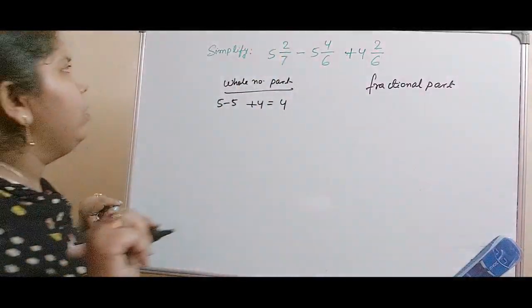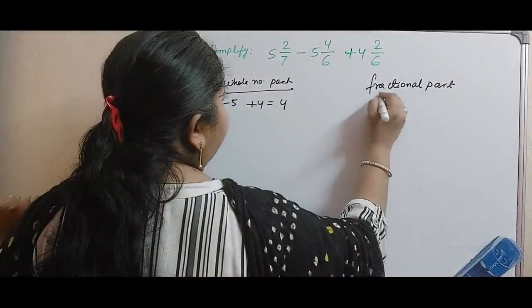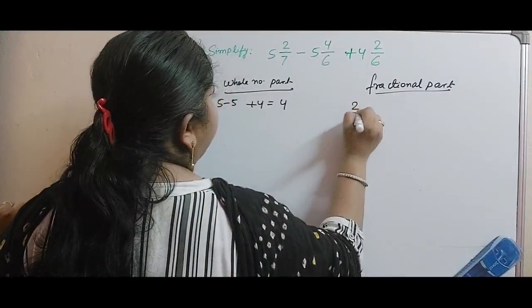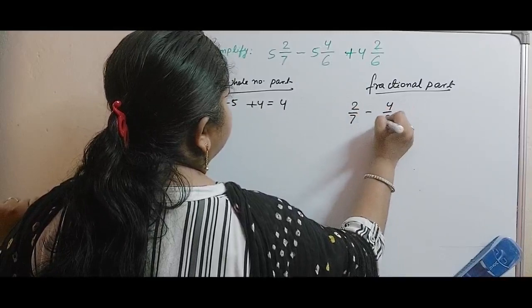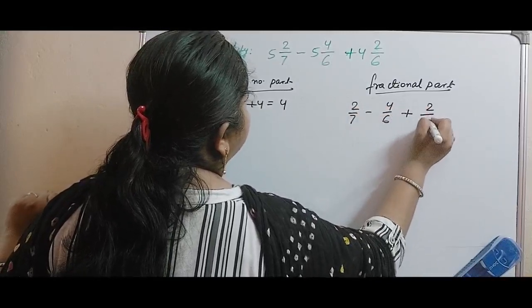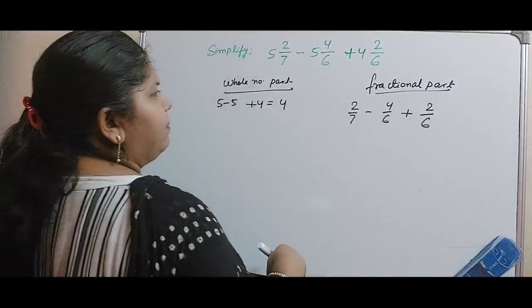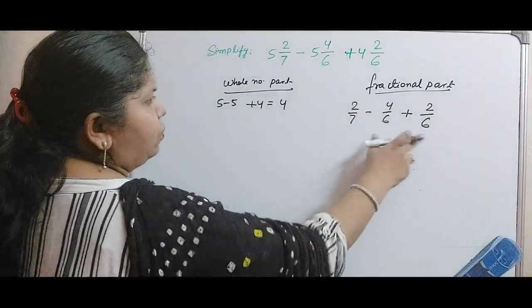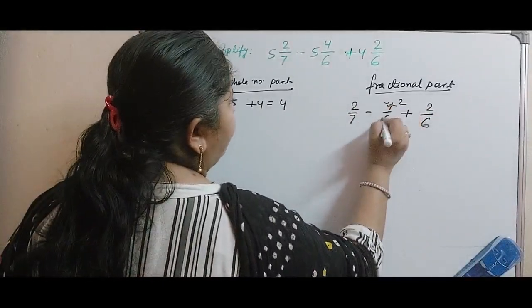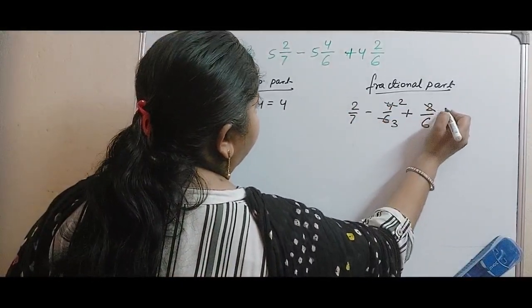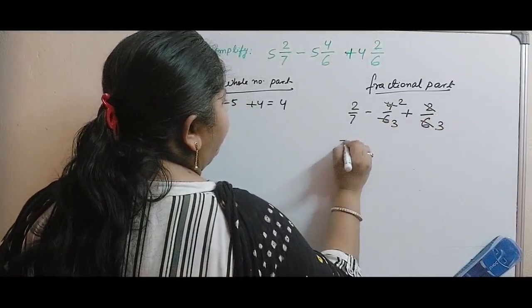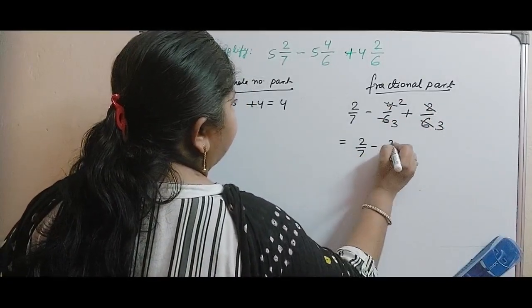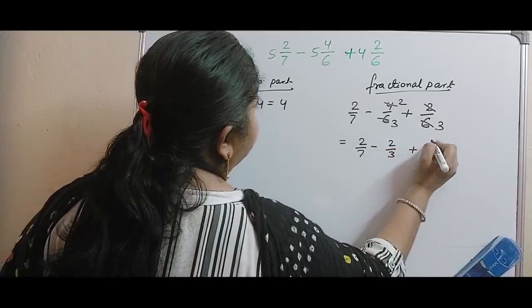So what we will do, this is the fractional part, you see. It is 2 by 7 minus 4 by 6 plus 2 by 6. Now we can simply reduce these two fractions. 2 2s are 4, 2 3s are 6, 2 3s are 6. So we get 2 by 7 minus 2 by 3 plus 1 by 3.